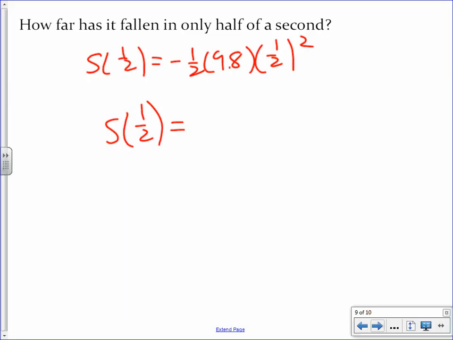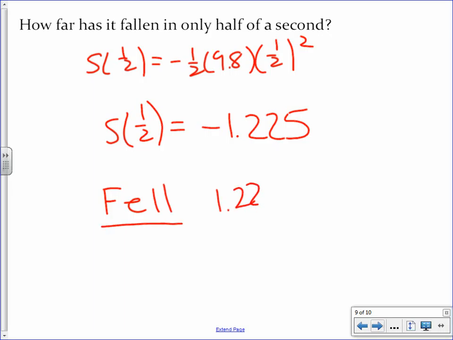Probably can't do this in your head. Okay, it's negative. Carter mentioned it would be. That just means that it fell 1.225 meters.